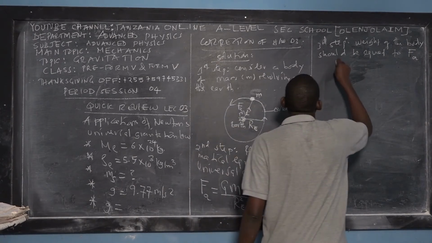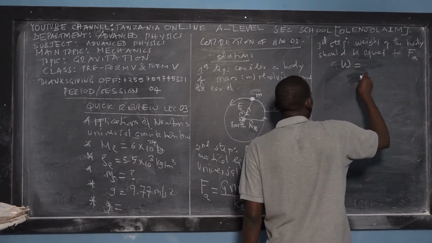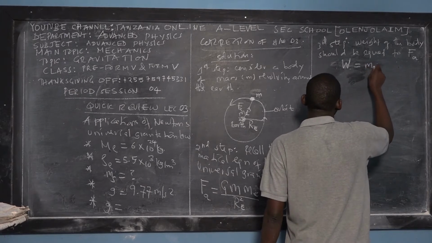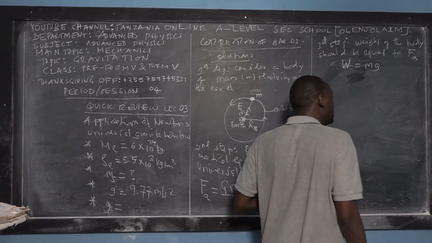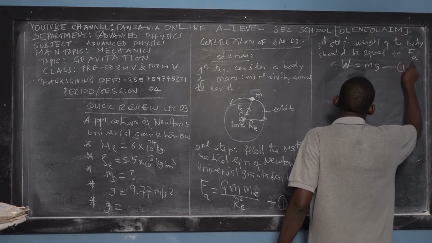So the weight of the body, not angular velocity, the weight of the body is equal to the mass of the body times gravity. Okay, so this is equation 2.